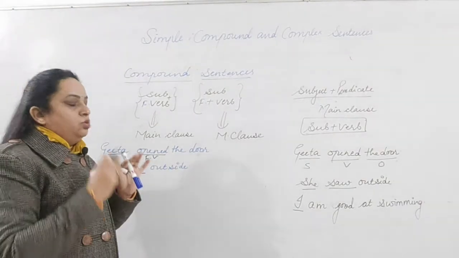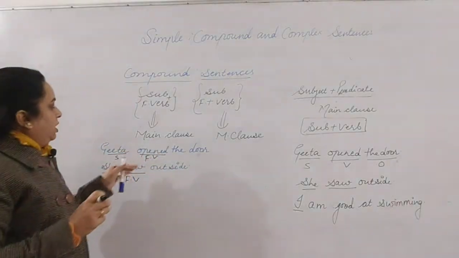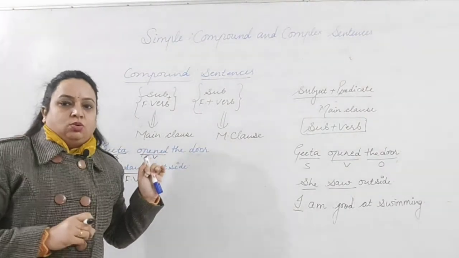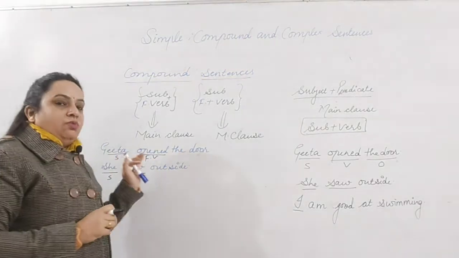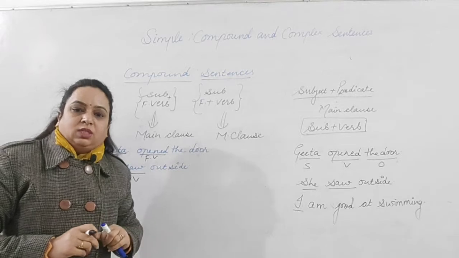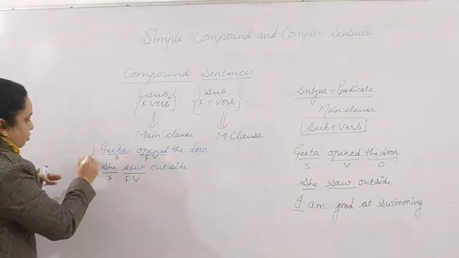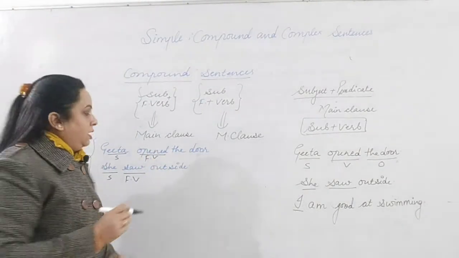There is a combination of two sentences. If we get two main clauses in a sentence, that is known as a compound sentence. Or you may say, if we get two finite verbs in a sentence, that is also known as a compound sentence.